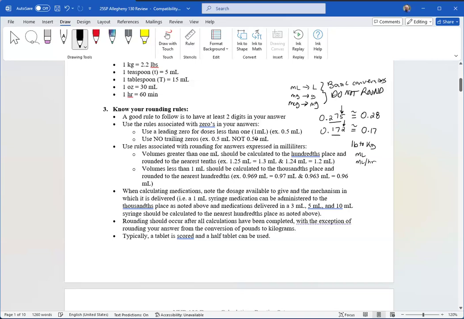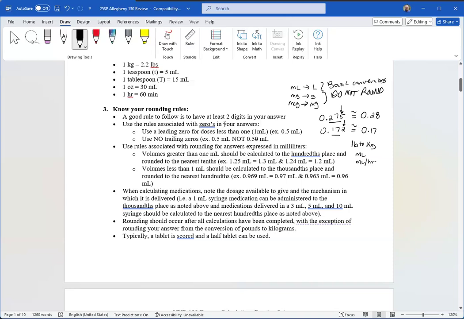I'll go down and reiterate that. If you're just converting this to this, do not round. You do round, or you may need to round, if you're solving for a medication.